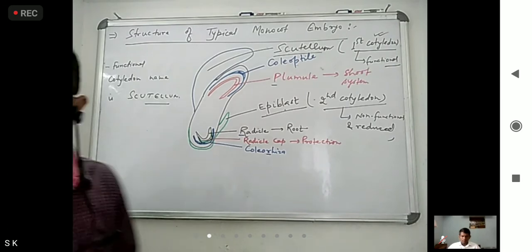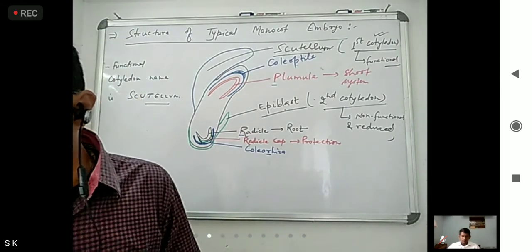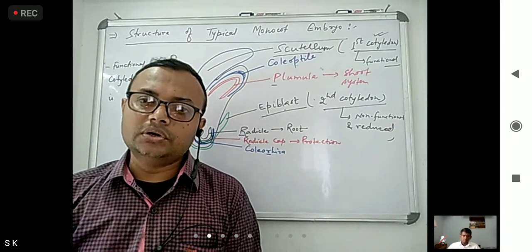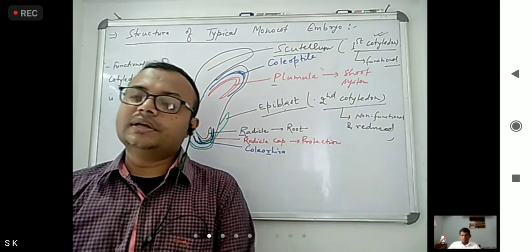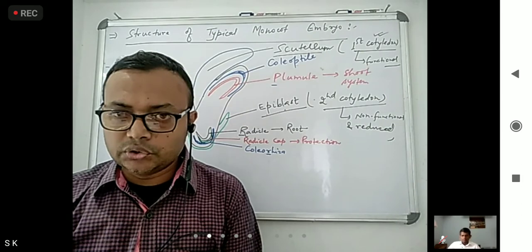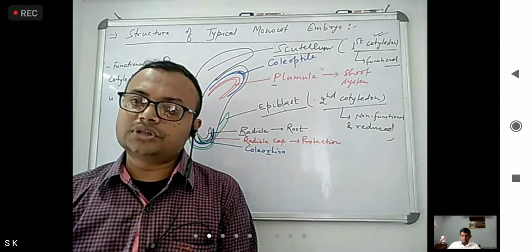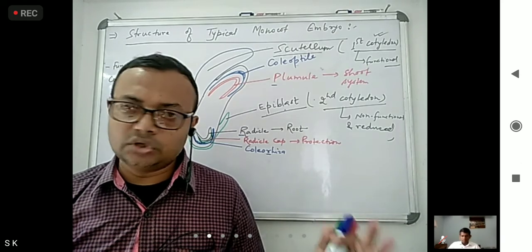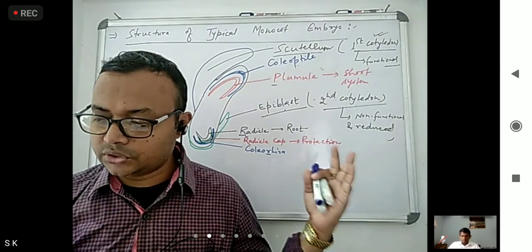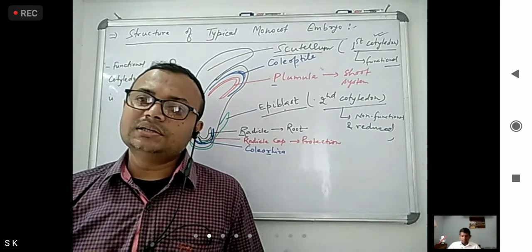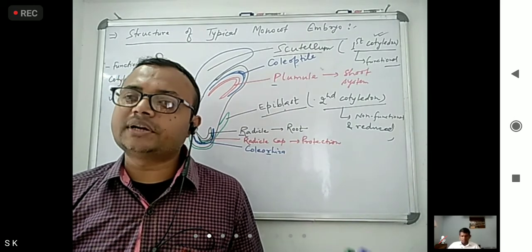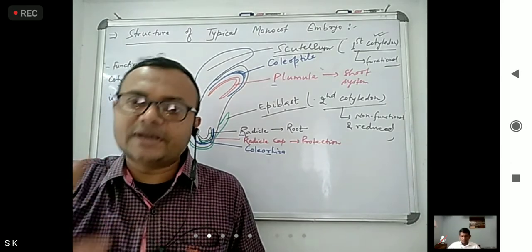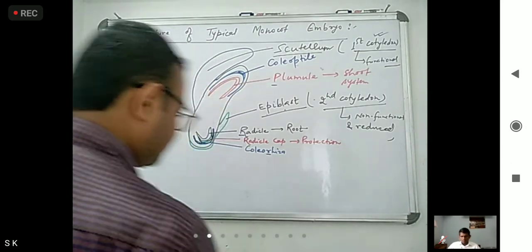Okay, this you have to remember, scutellum. Already we discussed that radicle is covered with coleorhiza, plumule is covered with coleoptile. The remains of the second cotyledon, which is non-functional, are known as epiblast. So these are the structures related to what? Embryo development.